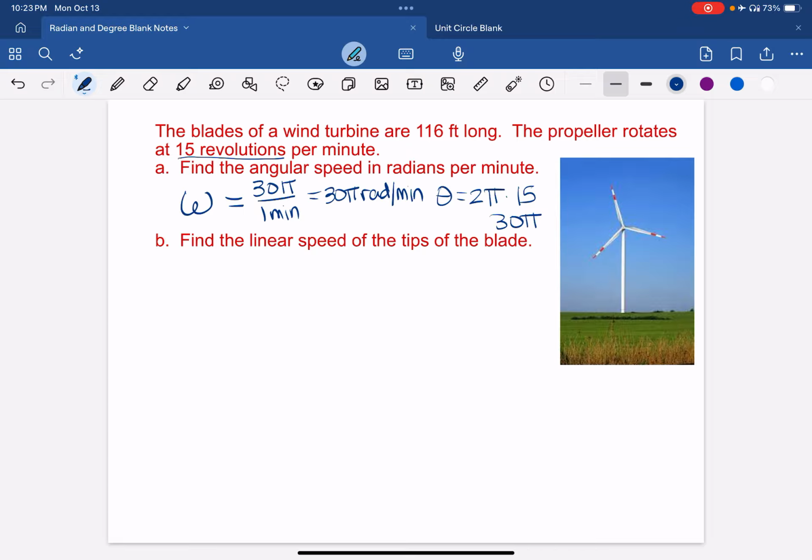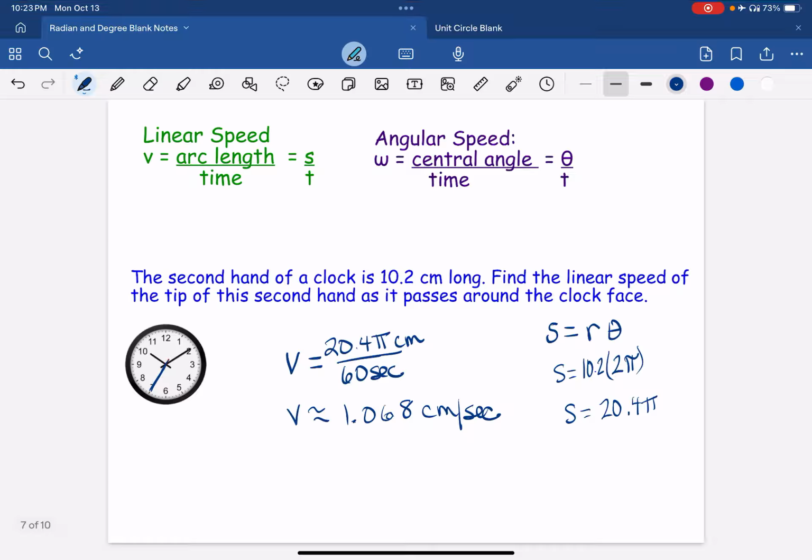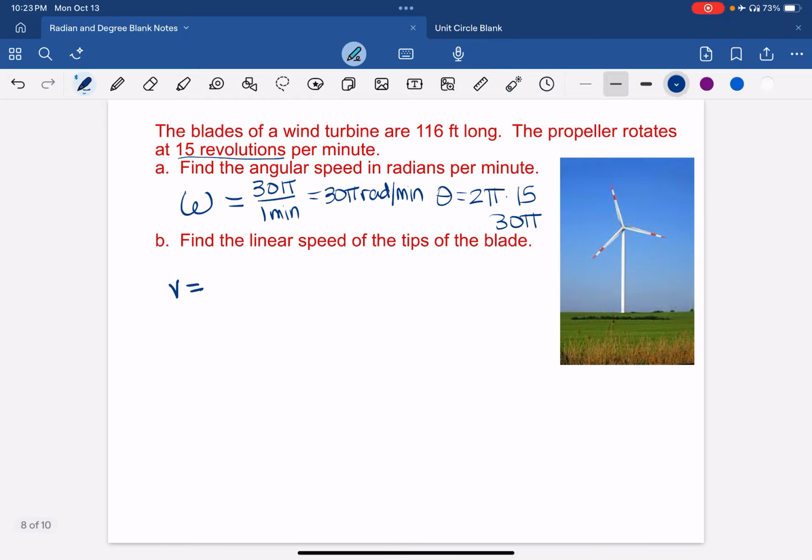Okay, now let's find the linear speed of the tip of the blade. So we know linear speed is going to be the arc length divided by time. S over t. So let's find arc length, which is the radius times theta. We know theta is 30 pi. The radius is 116 feet. And I'll add my units in just a moment.